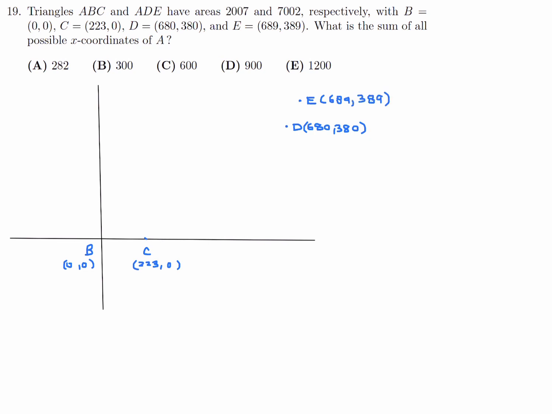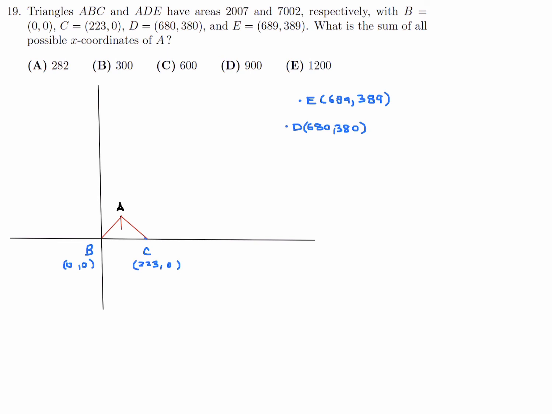And let's try to understand this question. So the first thing, of course, is they put A somewhere. Now I have no idea where that A is, so I'm just going to label some point. I'll just say A is here. And they say that they draw a triangle, ABC. So this is ABC. And they say that it has an area of 2007.